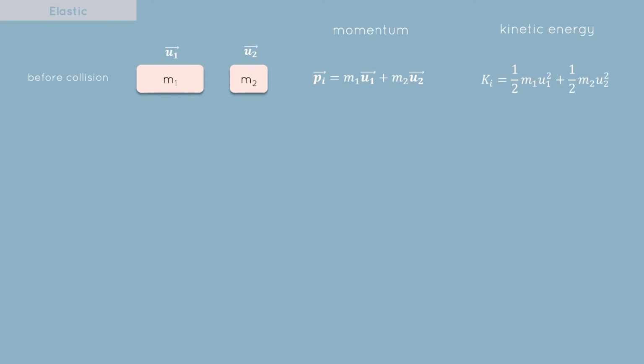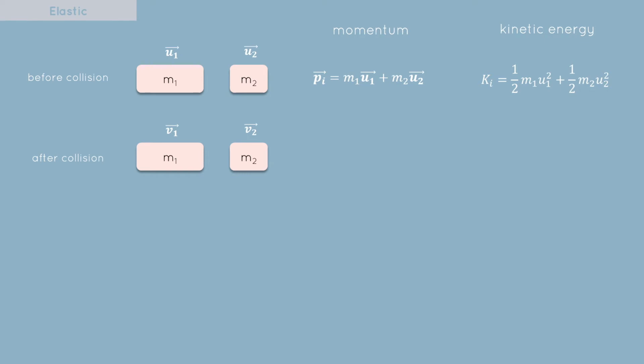Similarly, we can also get an expression for the total kinetic energy before the collision, which will be half m1u1 square plus half m2u2 square. After the collision, we let the velocity of mass 1 be v1 and the velocity of mass 2 be v2.